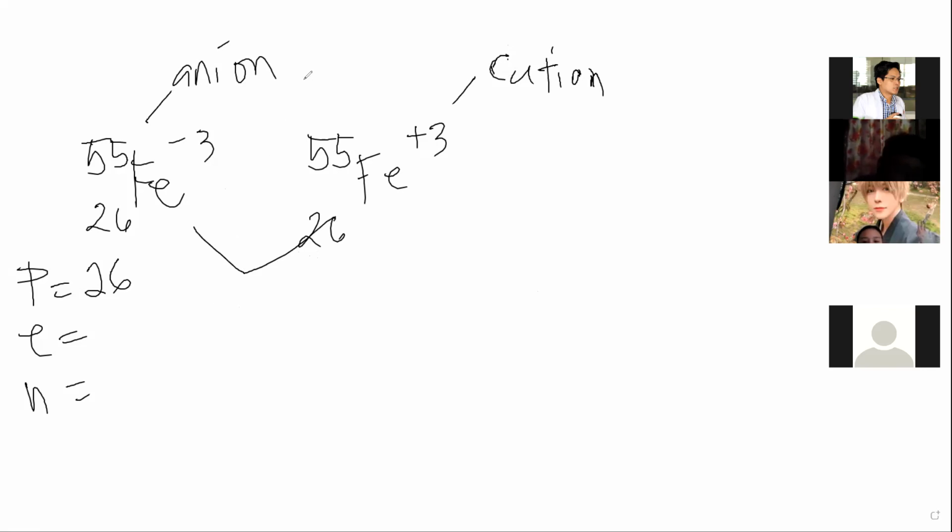Elements with the same atomic number but different atomic mass are called what? Isotopes, sir. Isotopes. Yes, these are isotopes.